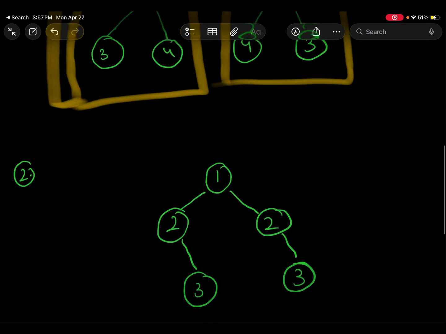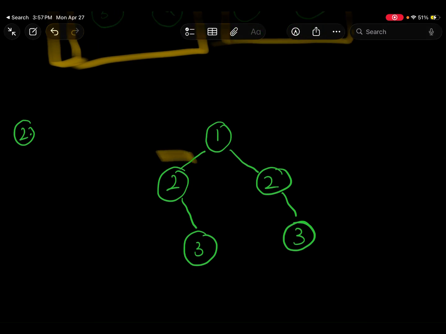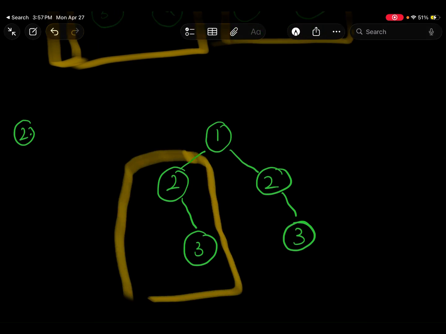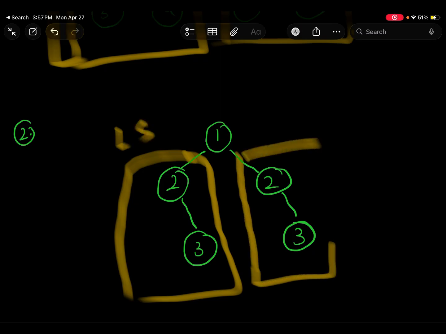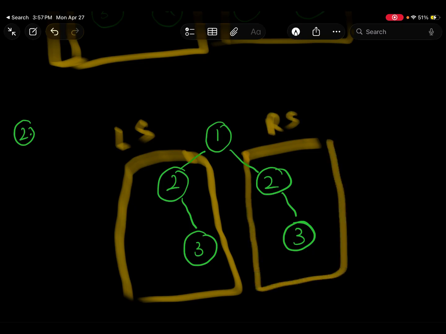Now let's take another example here. Forget about the root. Let's talk about the left subtree, and let's talk about the right subtree. Now you guys tell me, if I were to invert my right subtree, would they match? No, right?